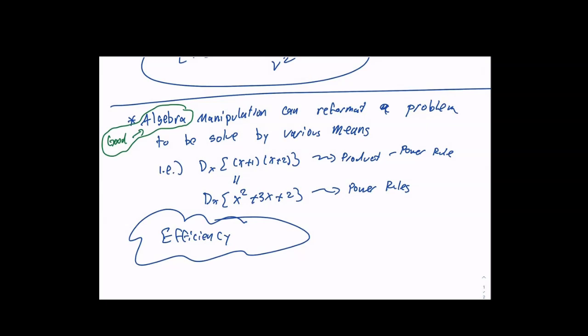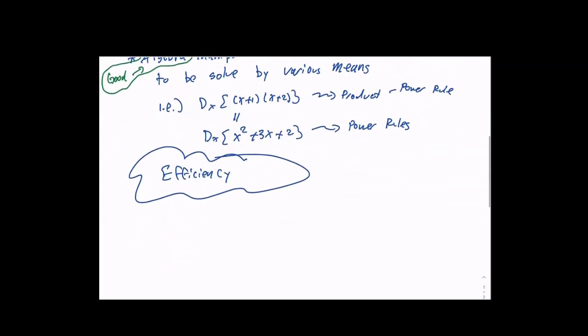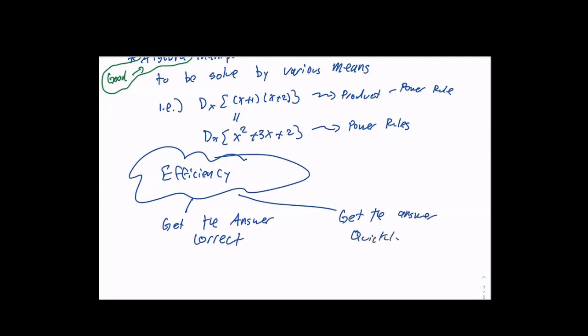But first and foremost, that you do the problem correctly. So efficiency is a two-pronged part. So get the correct answer. Get the answer correct. Do not make an algebra mistake. Do not make a derivative mistake.